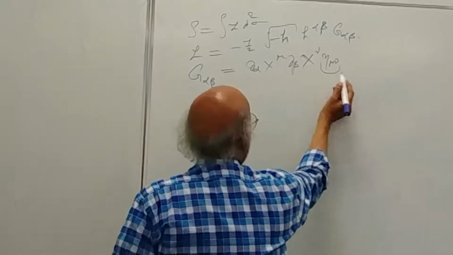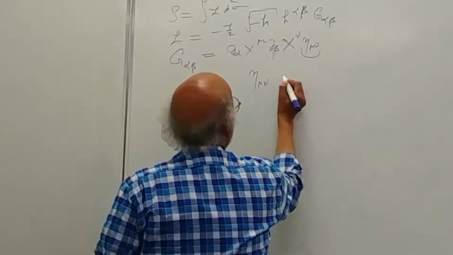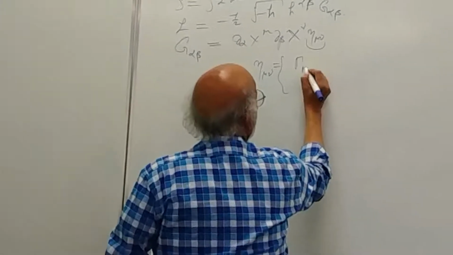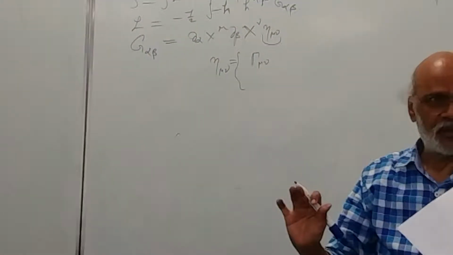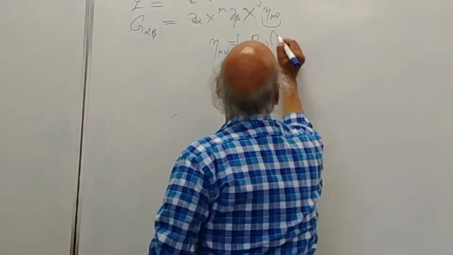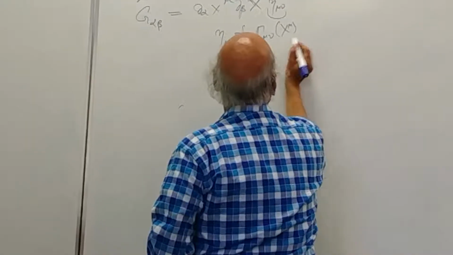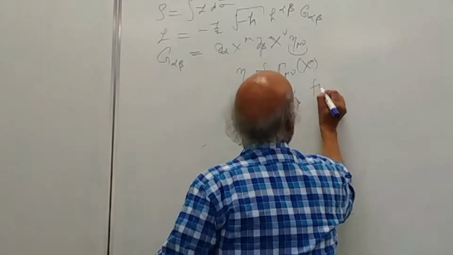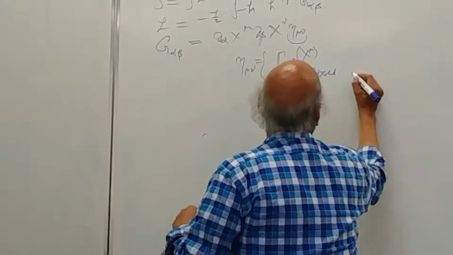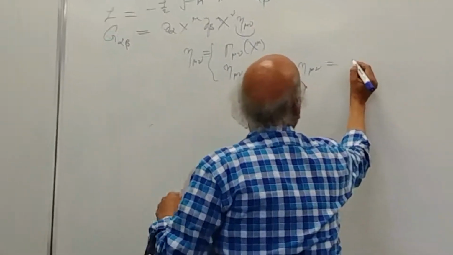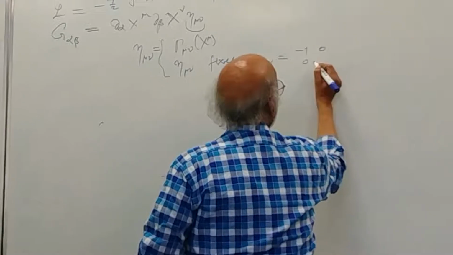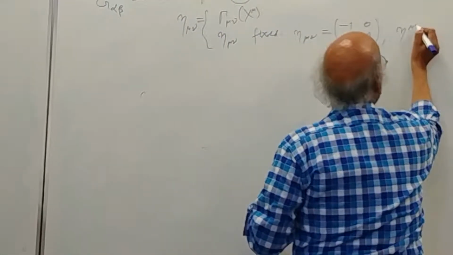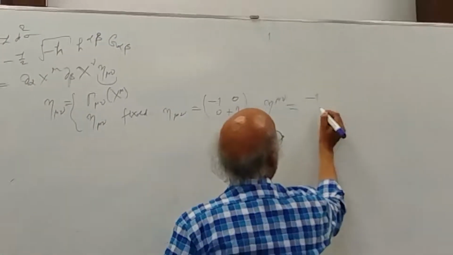One thing is that eta_{mu nu} I can write with two different notations, just like gamma_{mu nu}, just to differentiate, if it is a function of x^mu, or it is just equal to eta_{mu nu} fixed. Fixed means, for example, minus 1, 0, 0, plus 1. Then my eta^{mu nu} would be the inverse of this, and would also be the same.